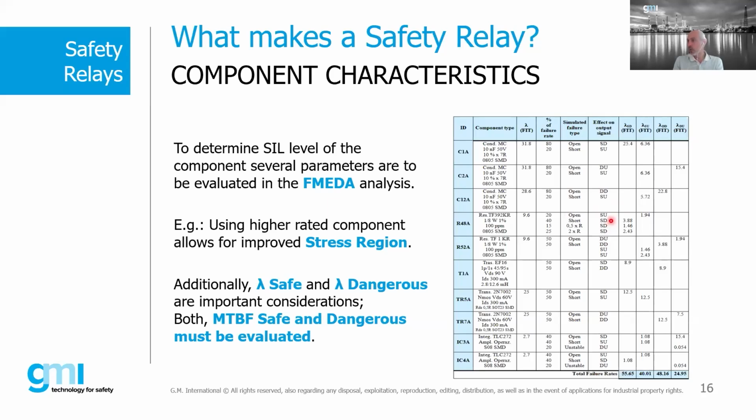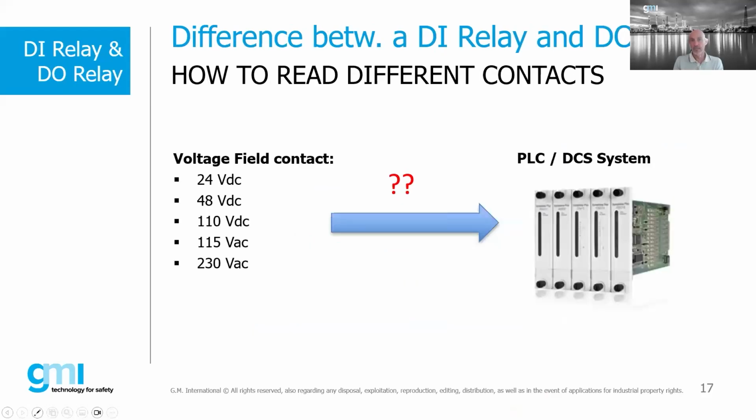The addition of all these values results in a dangerous undetected value that is valid for the relay in this case. So basically, it is calculated on all components. I hope I have answered the question from the attendees.